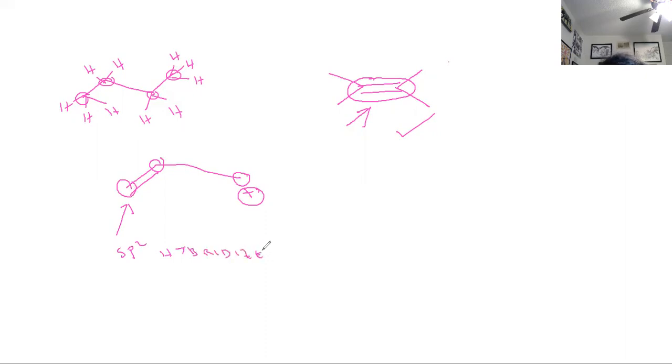Well, it has a pi bond attached to it. So we know there must be 2 hydrogens attached. If there's 2 hydrogens attached, that leaves us with 1, 2, 3 electron groups. So that would give us our trigonal planar geometry. And we know that trigonal planar is sp2. So that's okay. That's something.